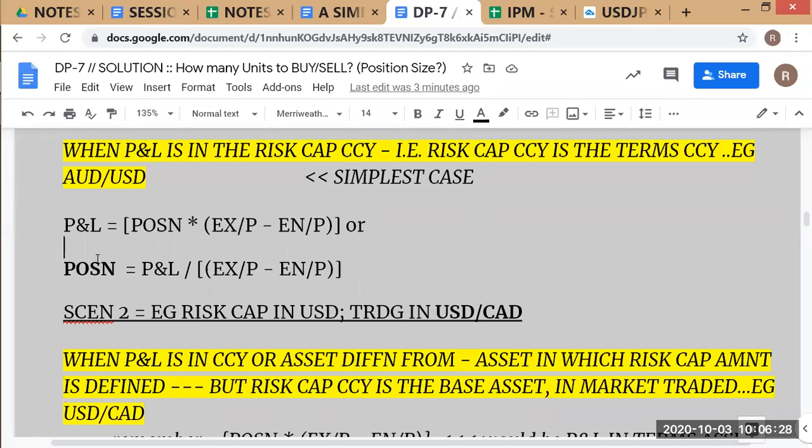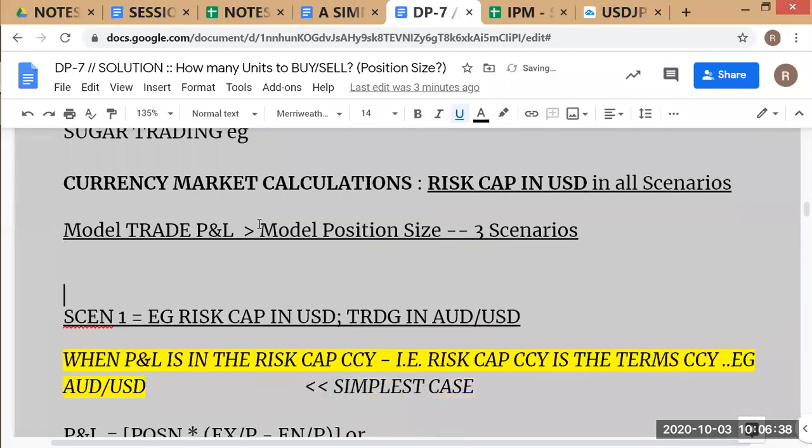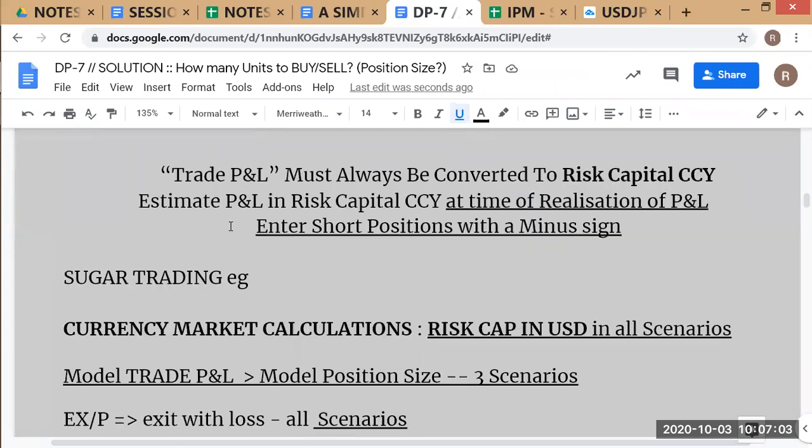So the other trick is to always enter short positions with a minus sign.